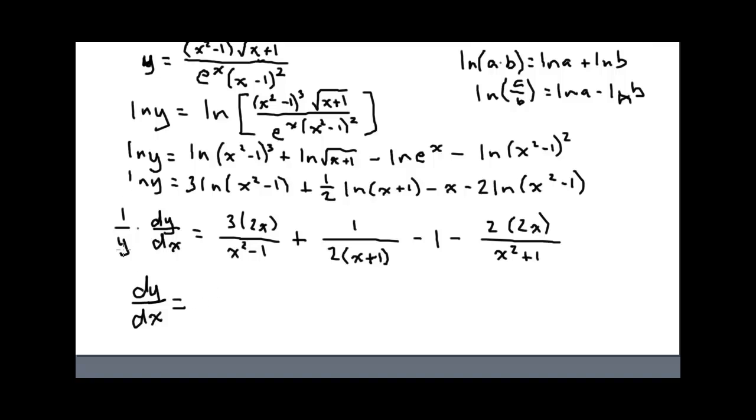again, we're going to have to get rid of that 1 over y. So just multiply by y times all this, 6x over x squared minus 1 plus 1 over 2x plus 1 minus 1 minus 4x.